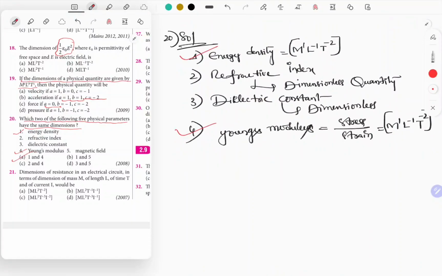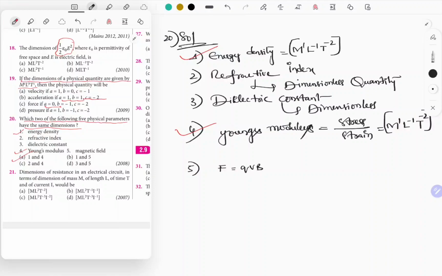You may ask me, what about the remaining things? I mean magnetic field. Magnetic field formula is represented as, let me explain that also. Whenever a charge is moving in a magnetic field with some velocity, the formula for the force acting on that charge in the magnetic field is F equals QVB.